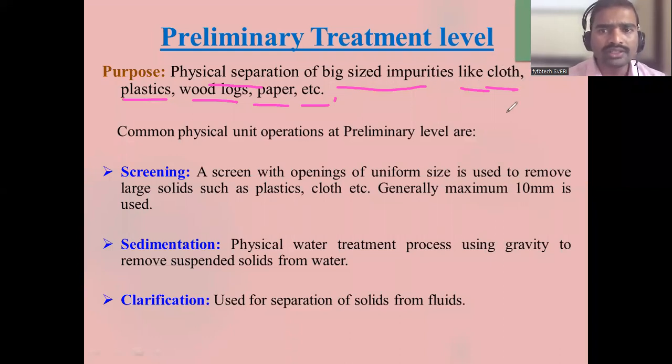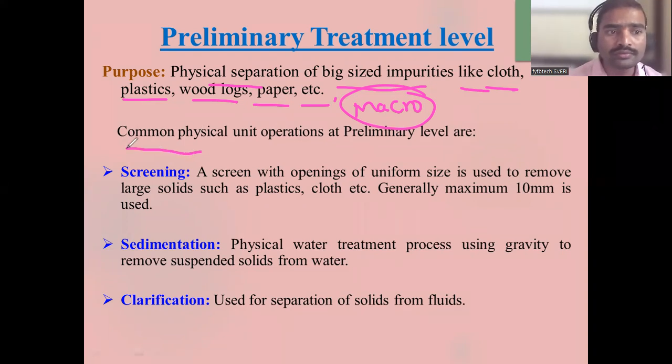Are these micro particles or macro particles? Macro particles. So the purpose of preliminary treatment is to remove macro particles: cloth, plastic, wooden pieces, leaves and stone pieces.